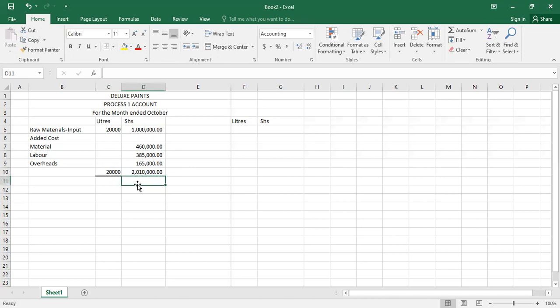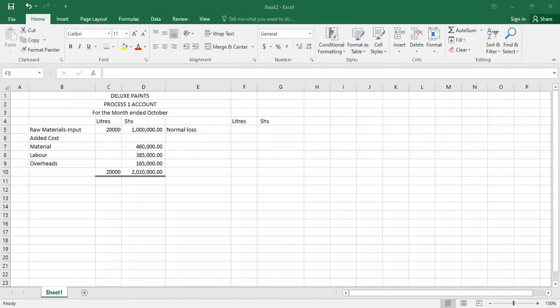So if we go to the credit side of the process one account, the items that we are supposed to document here, we need the normal loss. We've been given the normal loss as a percentage.